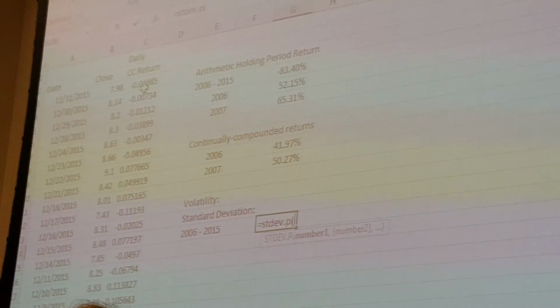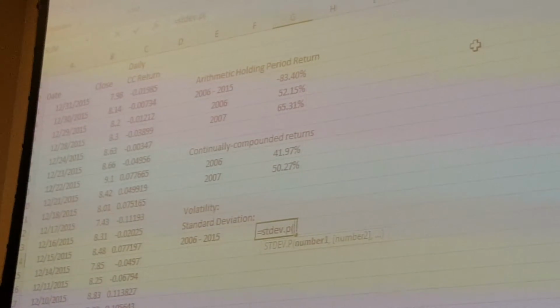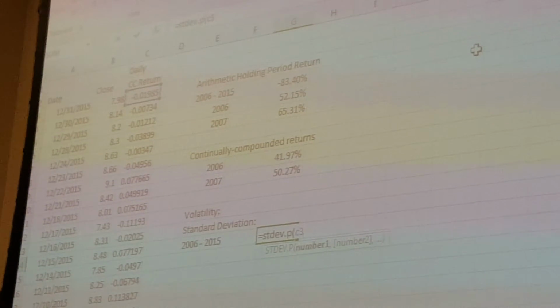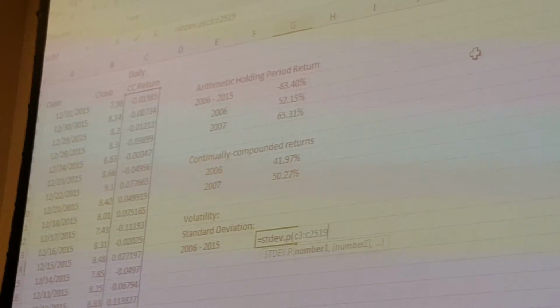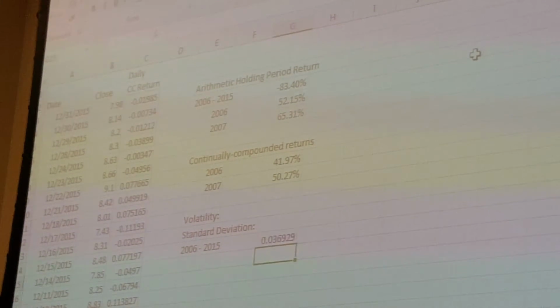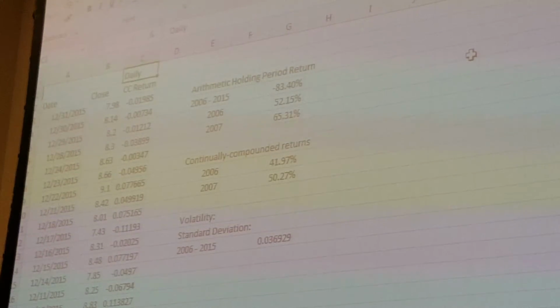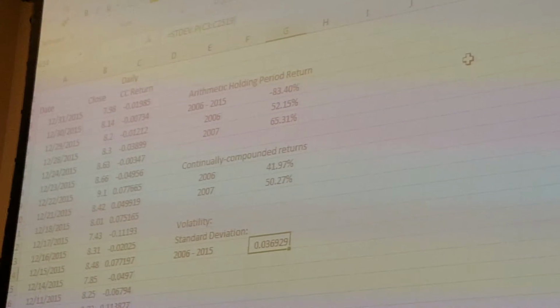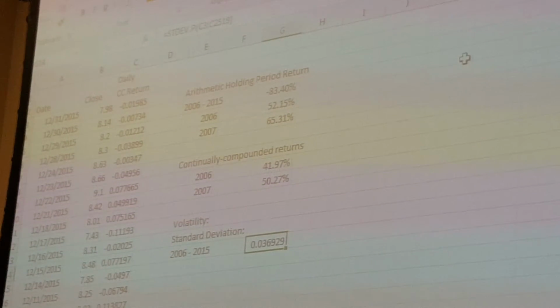This is going to go from C3 down to C2519. I'll have to double check that. Yeah, 2519. Okay, so that gives me the daily standard deviation over that entire period.